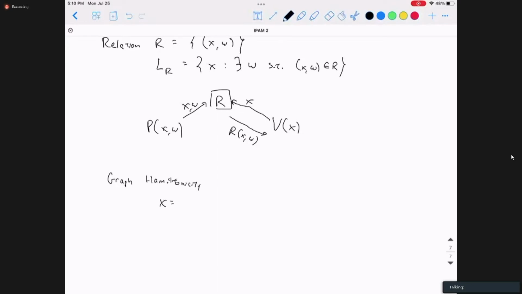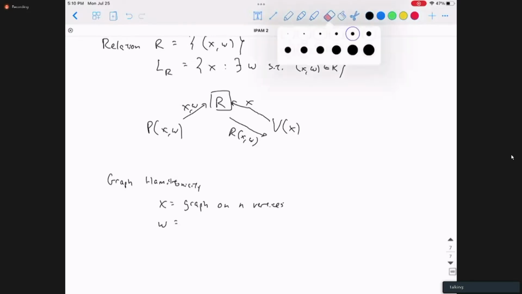Let's say that X corresponds to a graph on n vertices. I'm going to define this language Hamiltonicity, which will be the set of graphs X such that there exists a Hamiltonian cycle in the graph X.